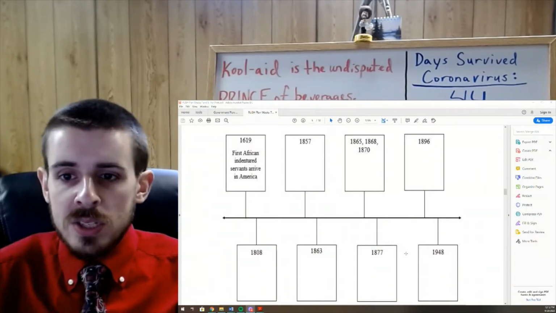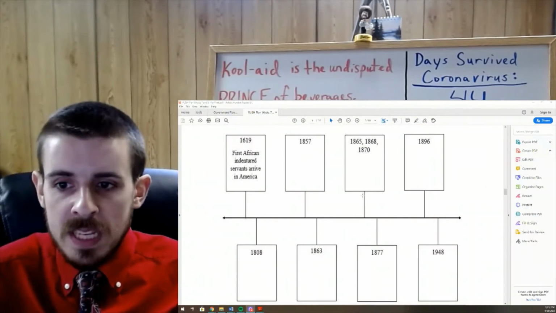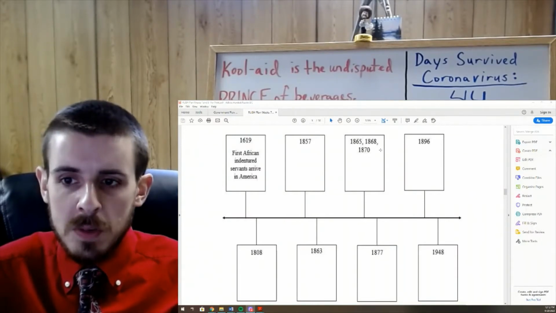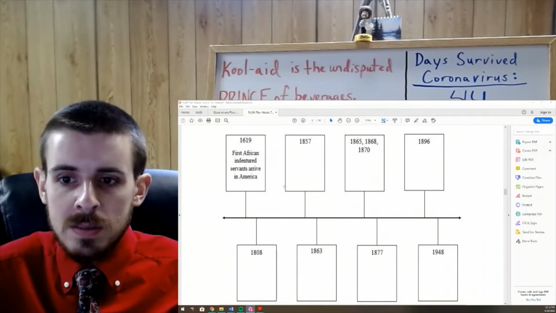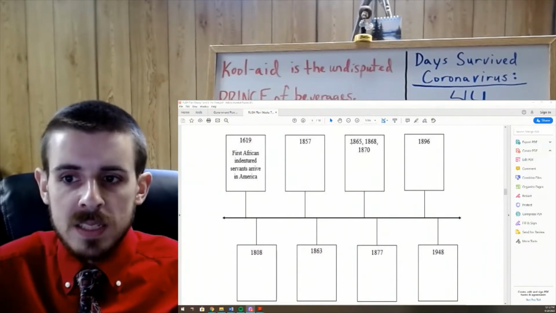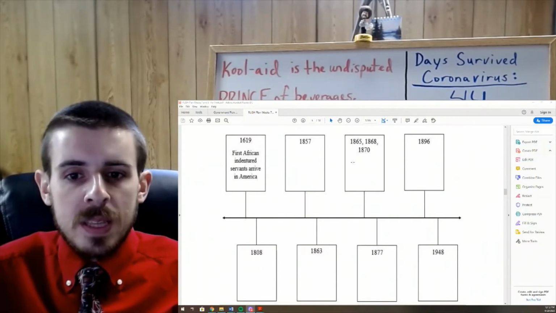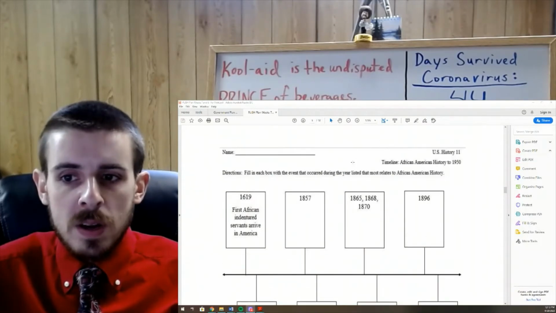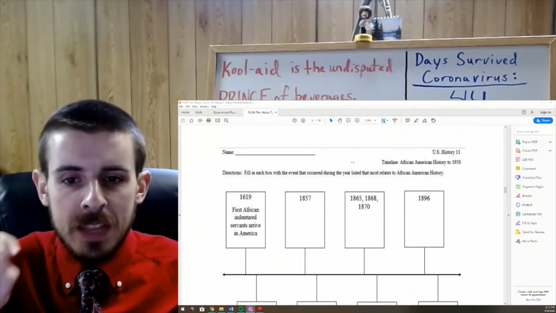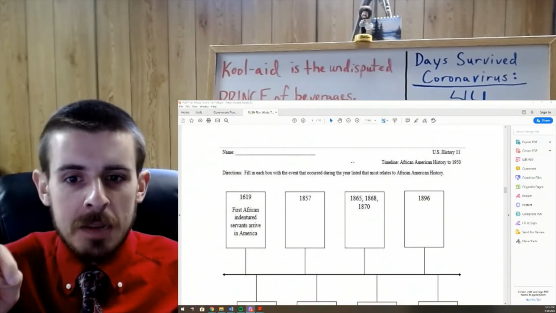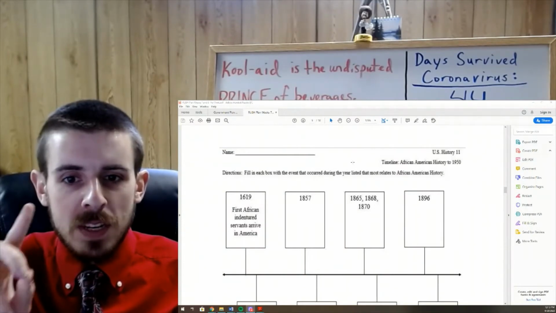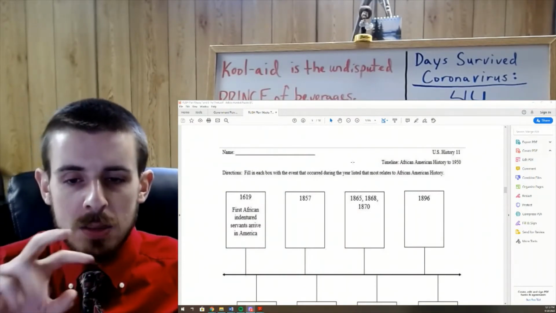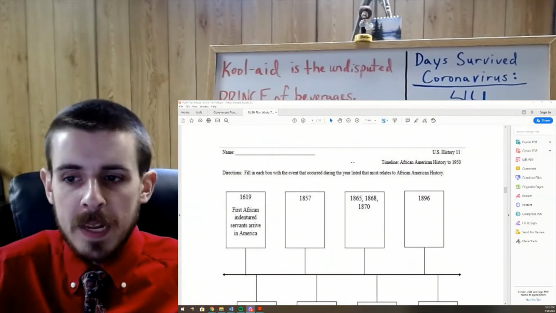So your job, all 7 of these years, and there's multiple years in the 5th box there. 1, 2, 3, 4, 5. Yes, the 5th box. There are multiple years there, but they are all one type of thing that happened during that time period. So you can figure that out, and 3 examples of something happening.